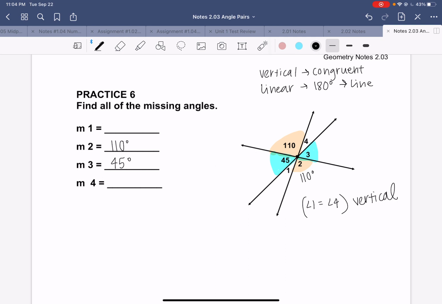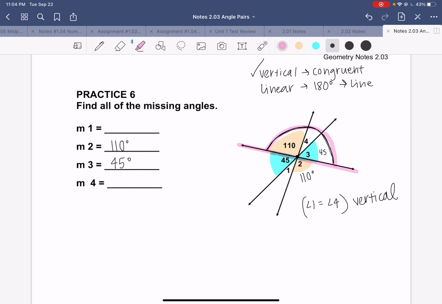So I'm going to look at this one right here. Remember, we took care of our vertical angles. Now we need to look into linear. I have this linear pair right here. All three of these angles create one straight line, this really big 180-degree angle.